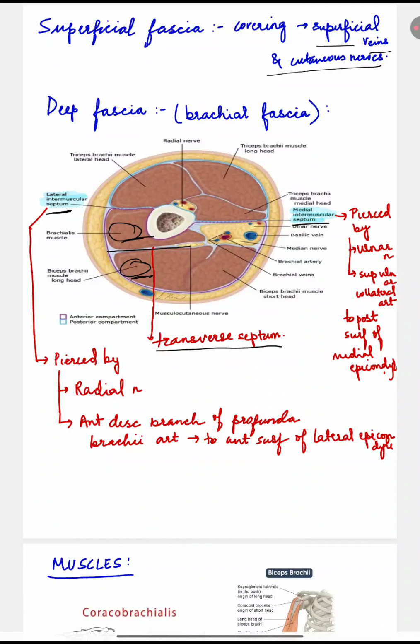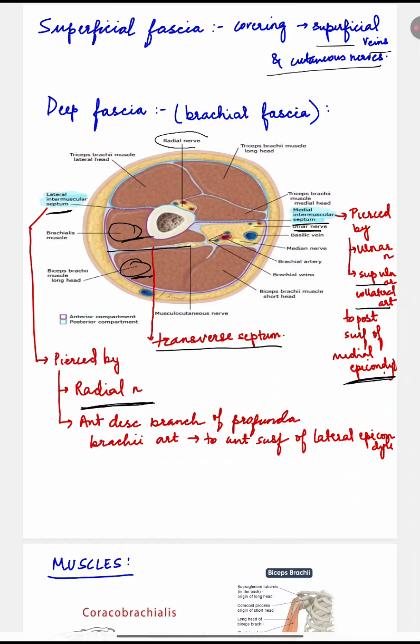There is a medial septum which is pierced by the ulnar nerve. See, in this medial septum, there is the ulnar nerve, the superior ulnar collateral artery, and it is attached to the posterior surface of the medial epicondyle. The lateral septum is pierced by the radial nerve.